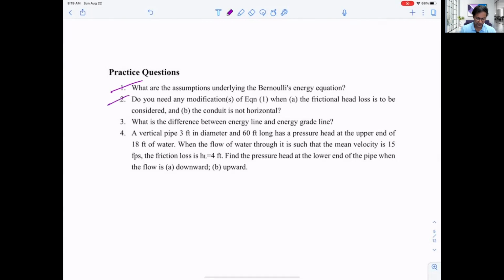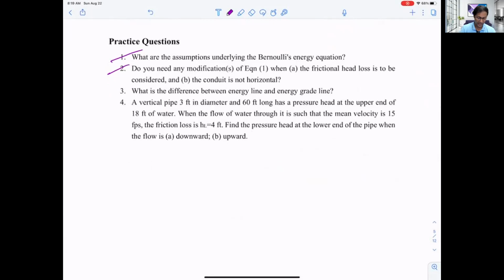Do you need any modification of equation number 1 when the frictional head loss is to be considered and the conduit is not horizontal? Yeah, definitely we need to, we already added that one, right?